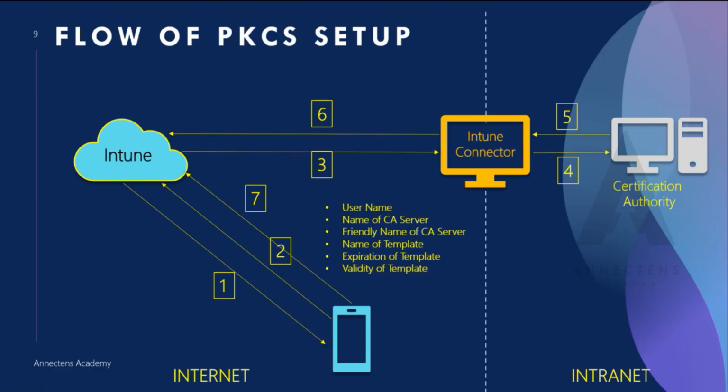Once the device requests the certificate service, this information is checked by the Intune service, passed through the Intune connector to the certification authority, and when all the information pertaining to this device is met, the certification authority sends the certificate to the Intune connector, which passes it to Intune, and then it comes to the device.